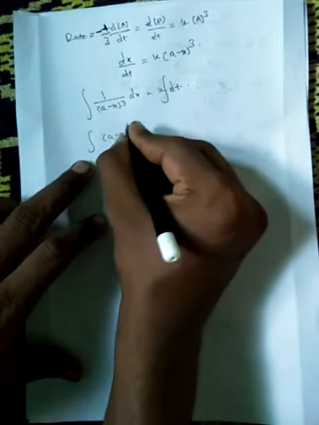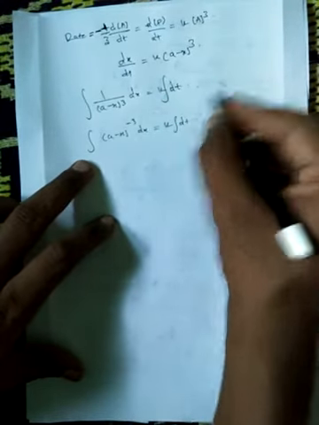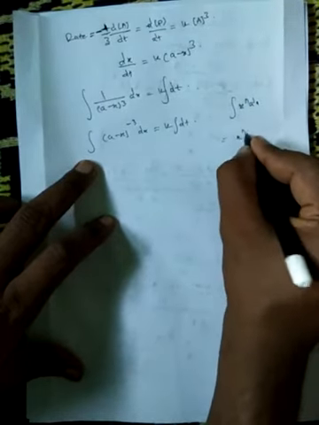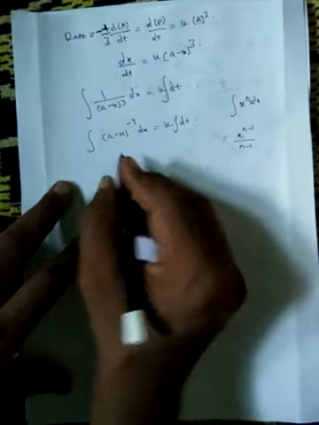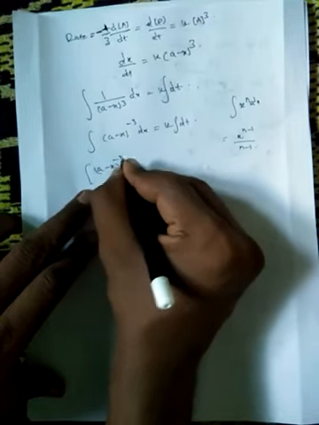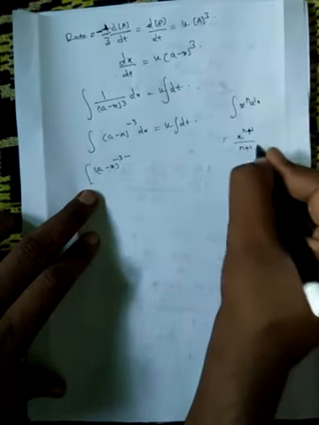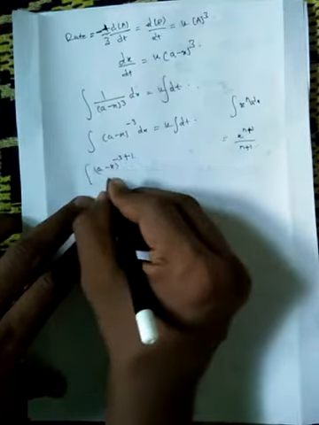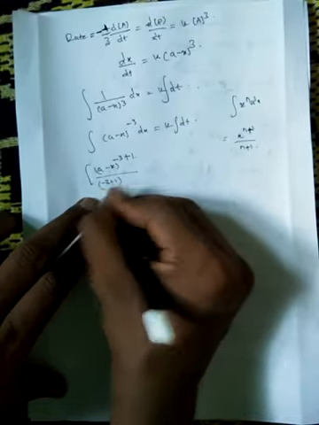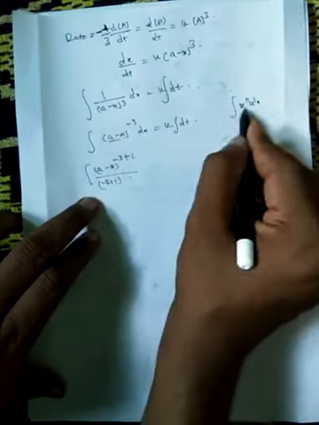This I can write: the integration of x power n dx is x power n plus 1 by n plus 1. So this is (A minus x) power minus 3 plus 1 by n, which is minus 3 plus 1, and I have to differentiate this because this is not x, it is A minus x.